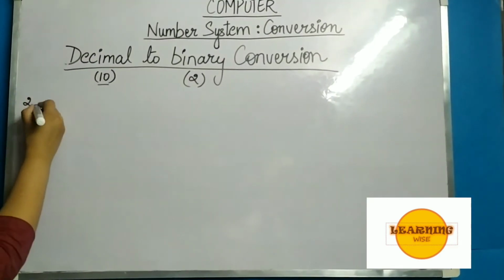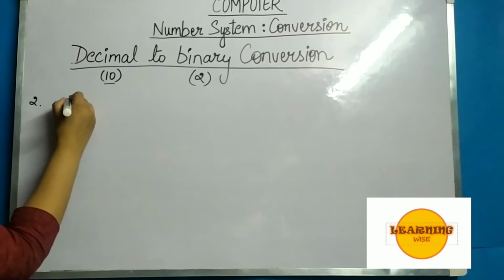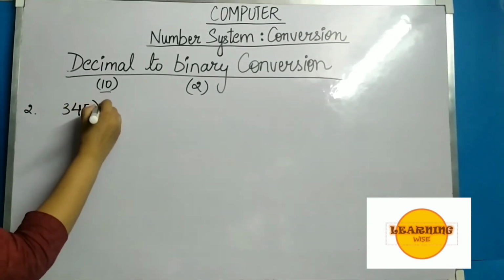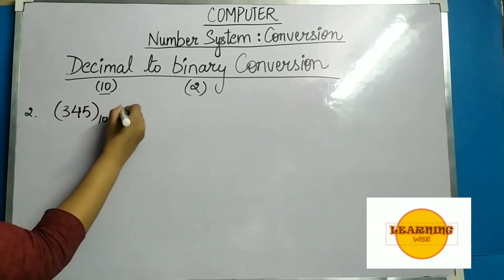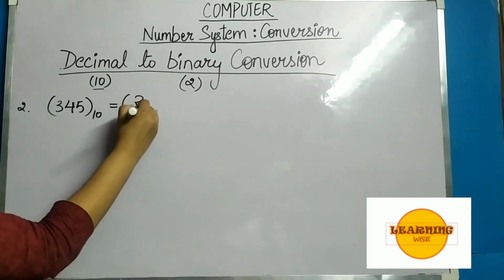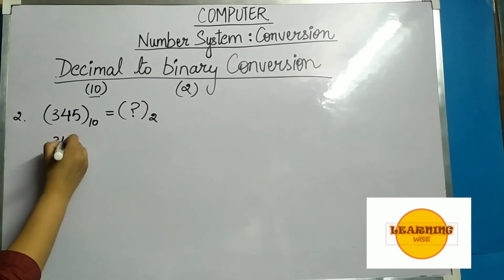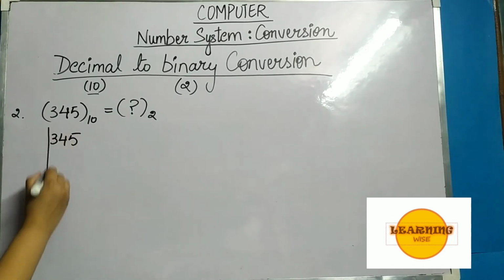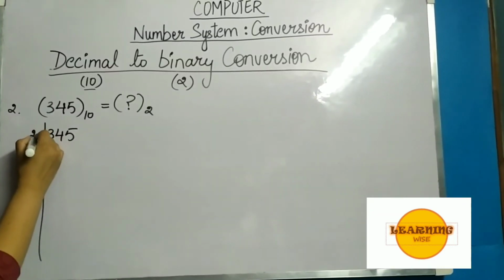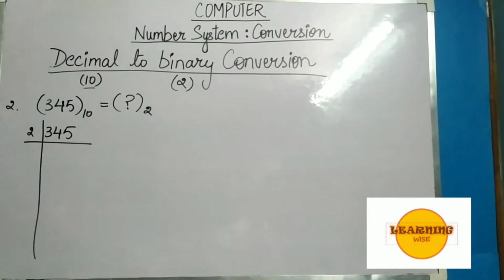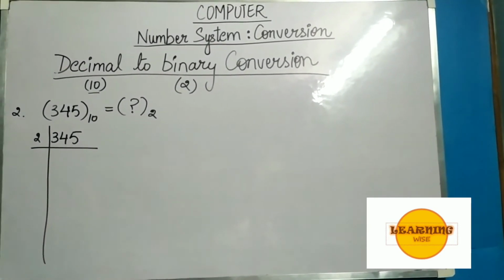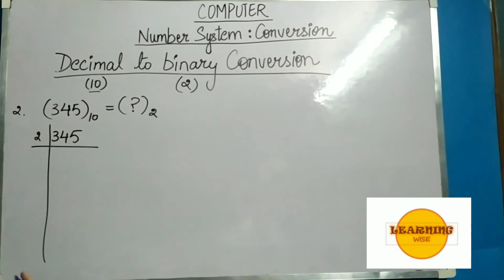Let's try one more question. Let's say 345, which is a decimal number, of course. We have to convert that into binary. So again, what you have to do is, you simply have to go and divide this number by 2 and collect the remainder. And how long are we going to divide it by 2? Till we get 0 as the remainder.